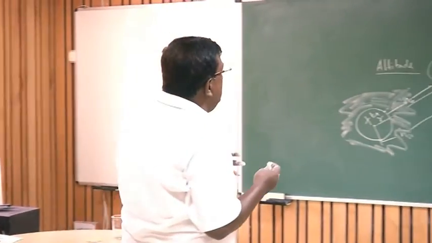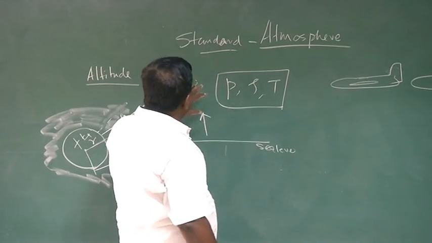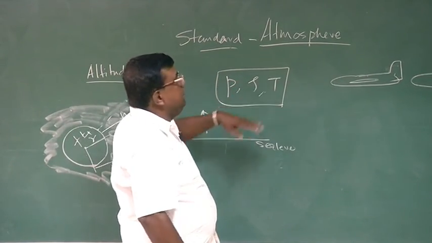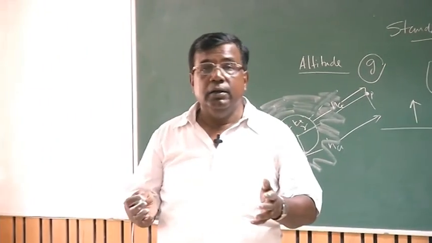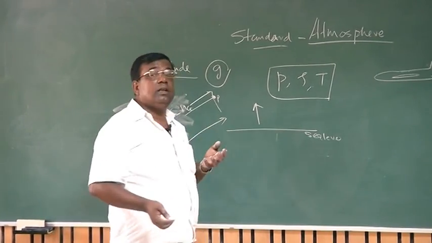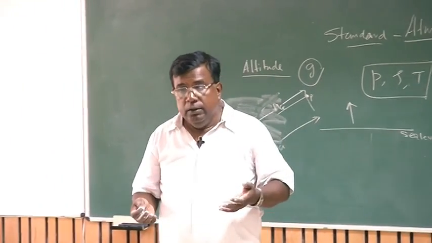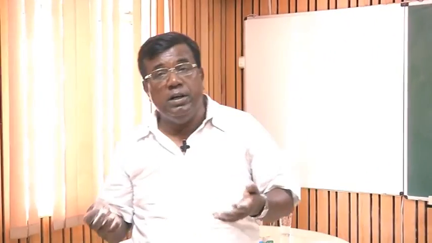This is what will be required to describe the pressure, density and temperature in an atmosphere which we will call standard atmosphere. We will also define the standard atmosphere initial conditions: at sea level, what are the values of density, temperature and pressure.